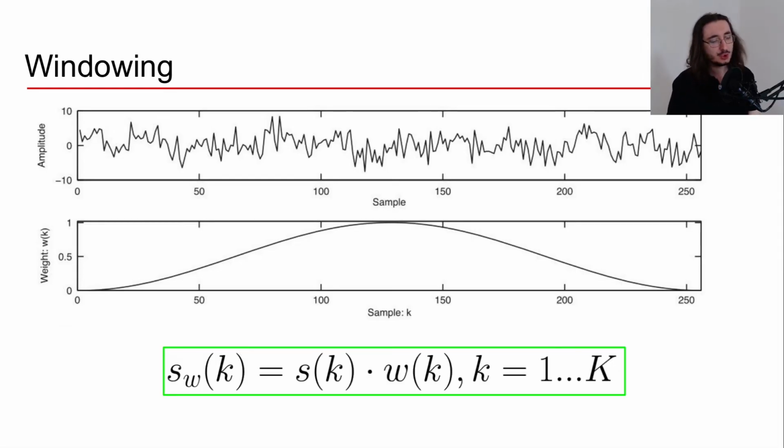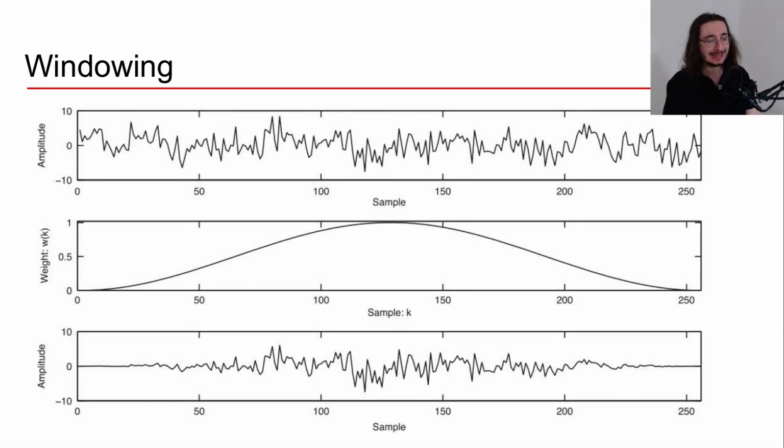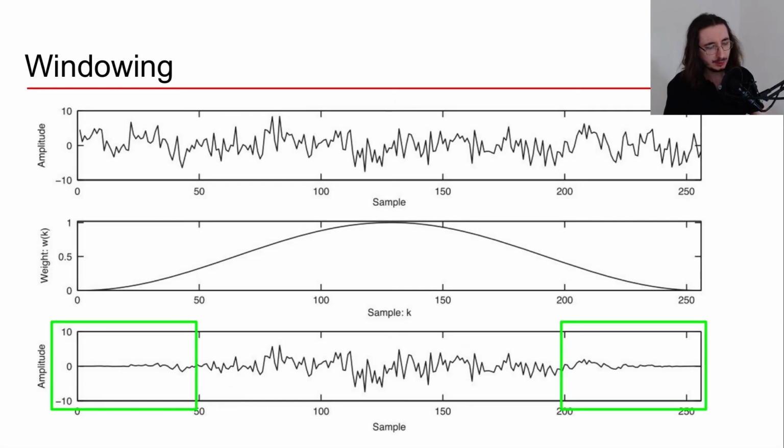In other words, we multiply the original signal by the Hann window at each corresponding sample. And what we obtain is something that looks like this. As you can see, because we've applied the Hann window, now we've completely smoothed the endpoints.